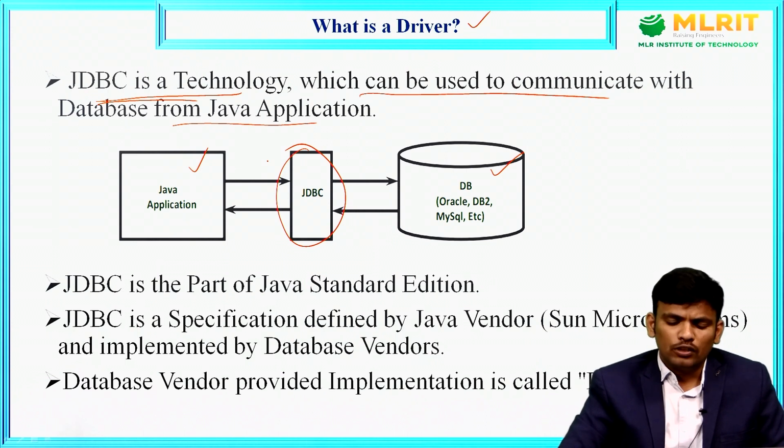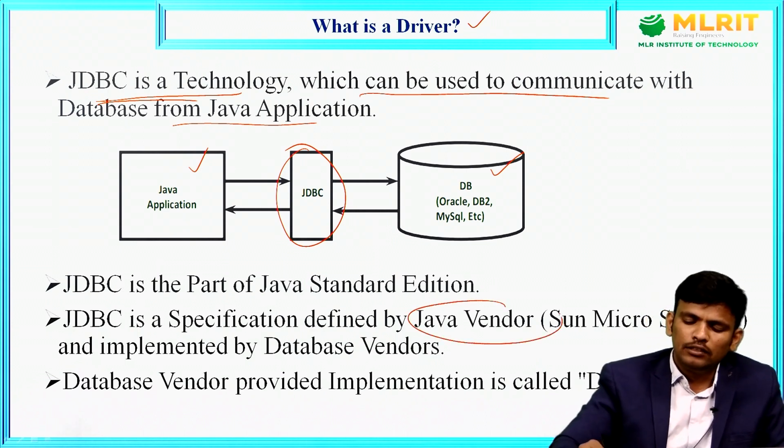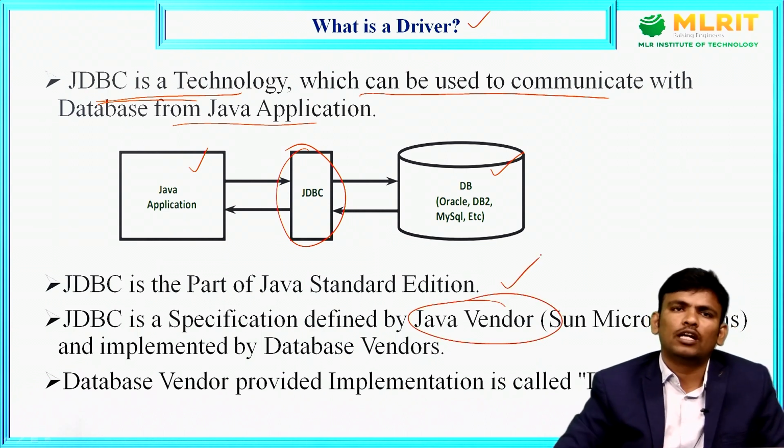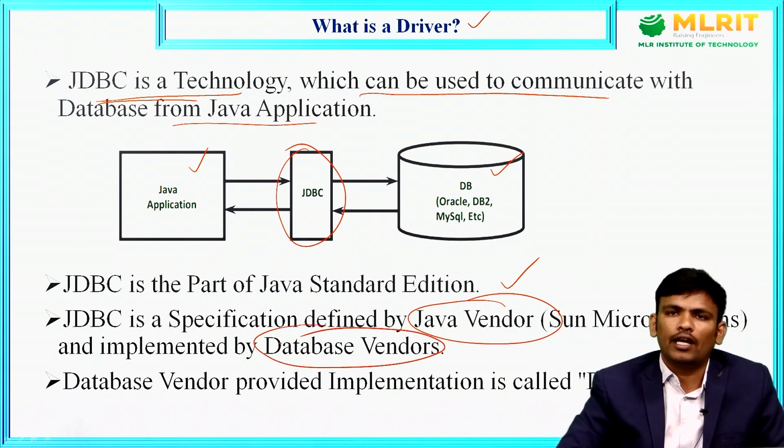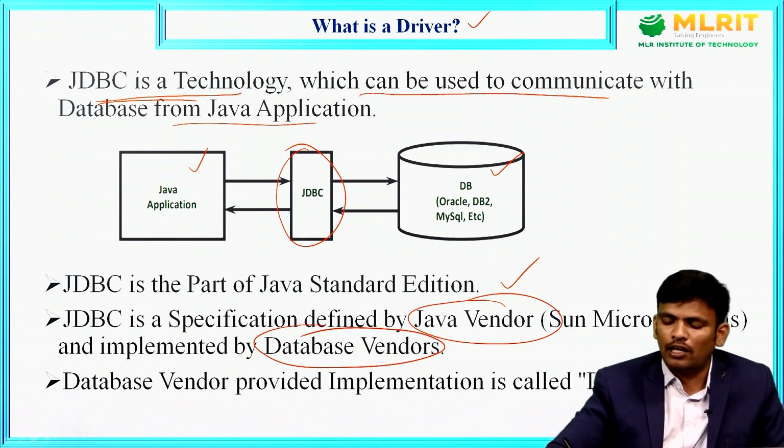That specification will be defined by the Java vendor, and based on this specification, based on this requirement, the database vendor will develop a software. That software is nothing but the driver software.